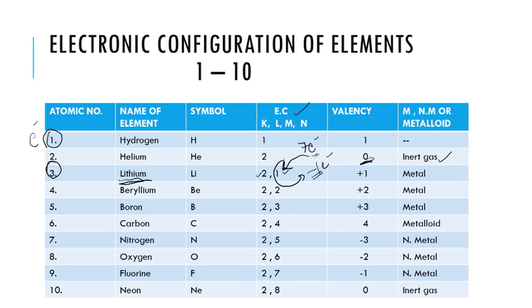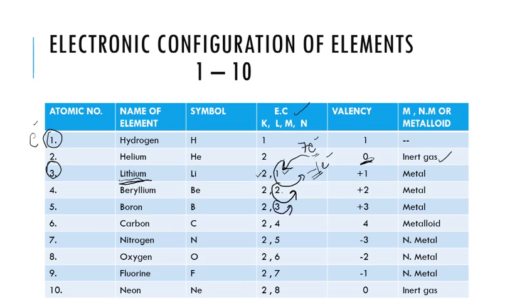For example, now here beryllium has two electrons in the L shell. Either it has to gain 6 electrons to attain the octet configuration, or it has to lose. Now, where is the transfer of fewer electrons taking place? In losing, so it will lose. This will also lose.